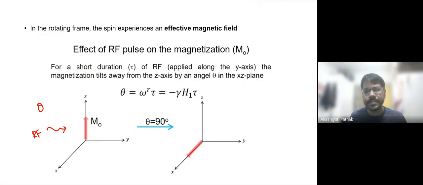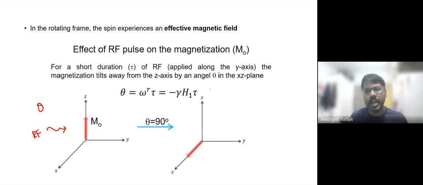Now what will happen? For a short duration tau of RF pulse, the magnetization tilts away from the z axis by an angle theta in the xz plane. The angle by which this bulk magnetization is flipped is given by the equation theta equals omega r tau, or theta equals minus gamma h1 tau.